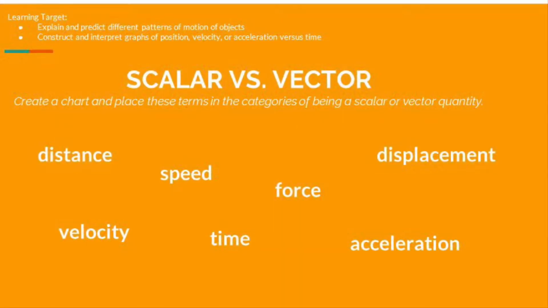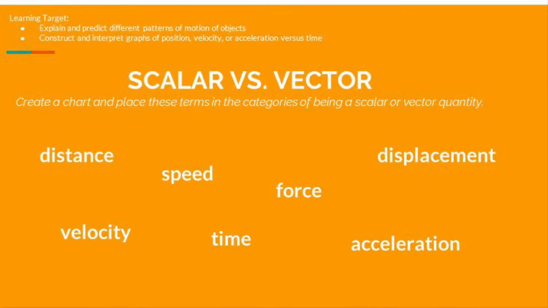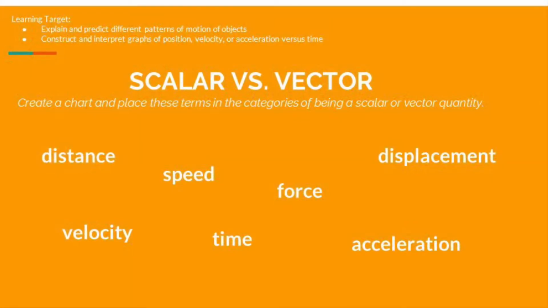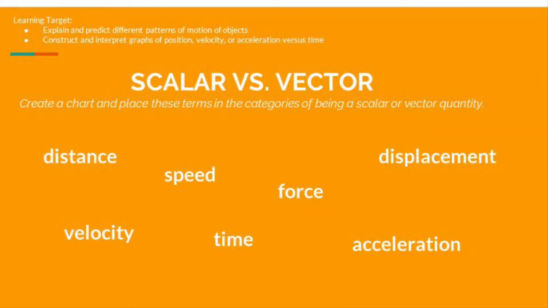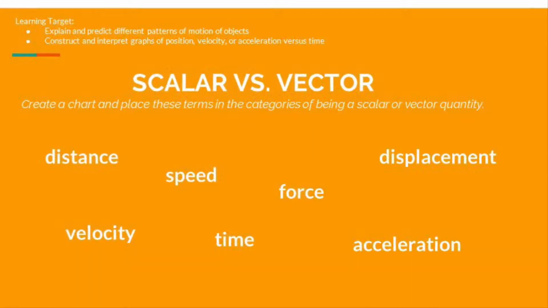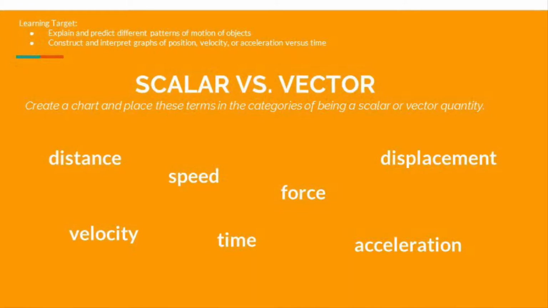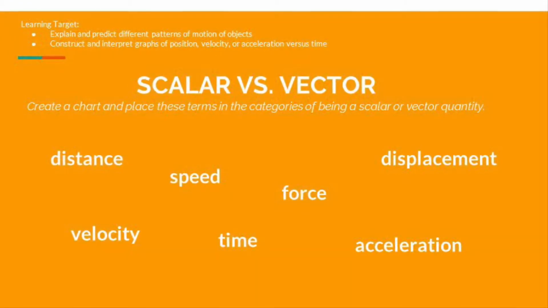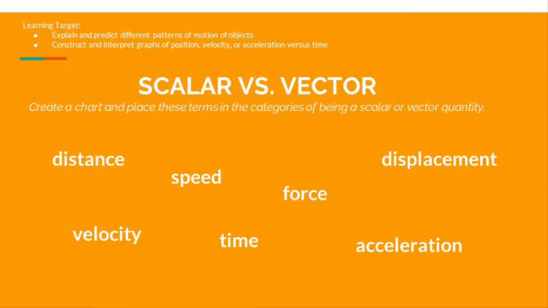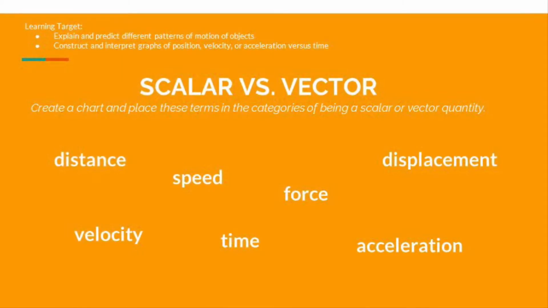Now, here's an exercise for you to do. Scalar versus vector. Create a chart and place these items in the categories of either being a scalar or a vector quantity. Take a minute to do this activity.